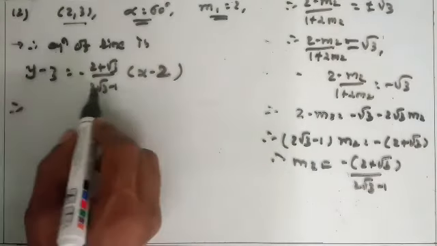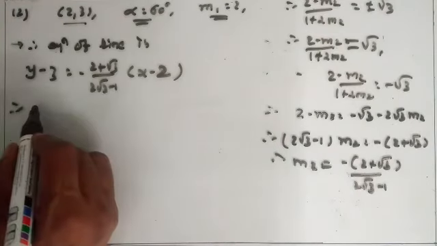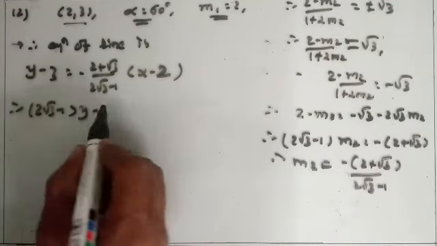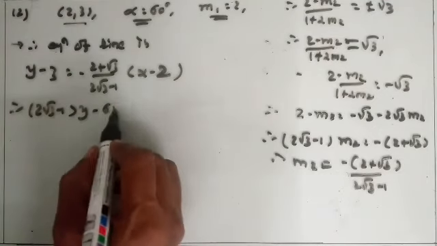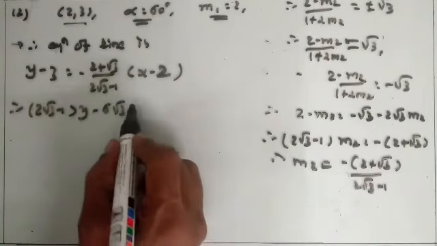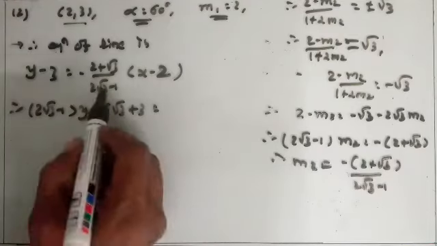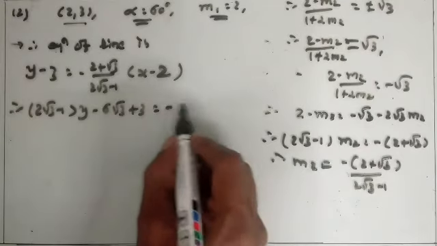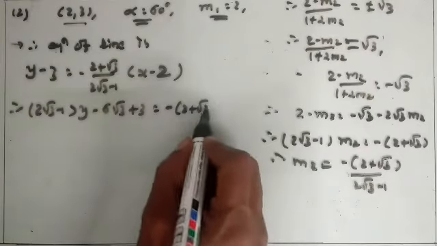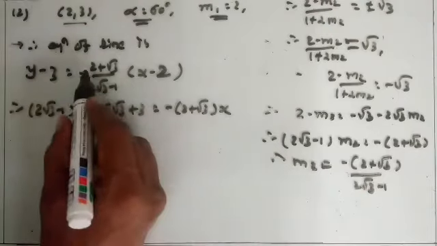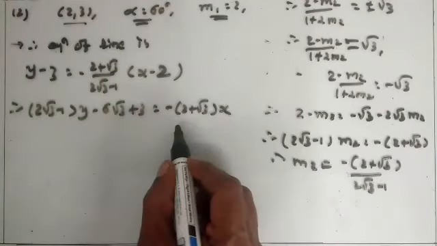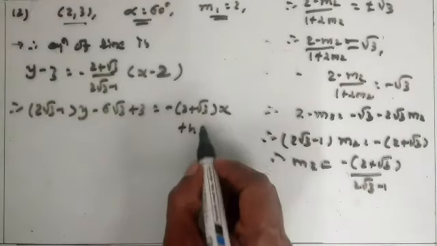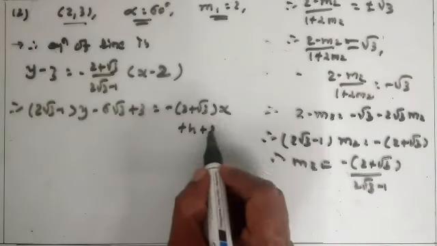Okay, (2 root 3 minus 1) take this side, so (2 root 3 minus 1) into y minus 3, that is 6 root 3 minus 3 (minus times minus becomes plus), is equal to minus (2 plus root 3) into x, here minus 2 into minus 2 becomes plus 4, minus root 3 into minus becomes plus 2 root 3.